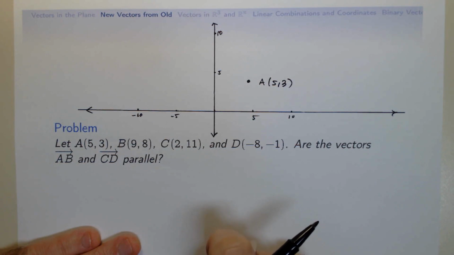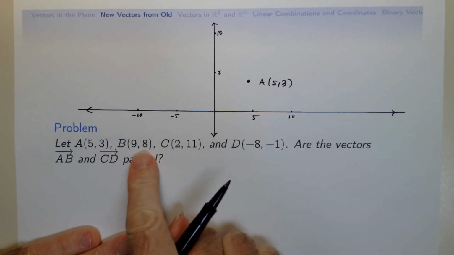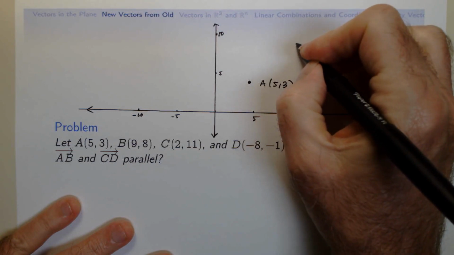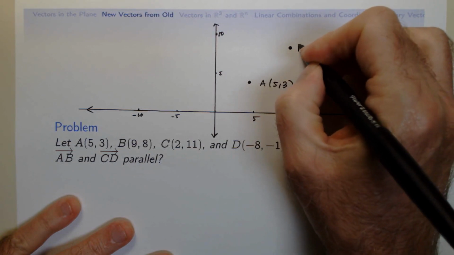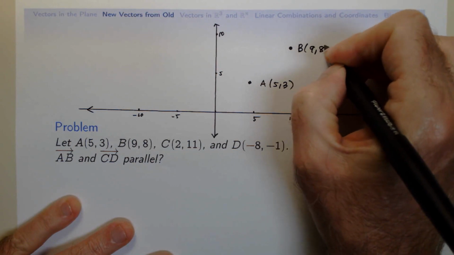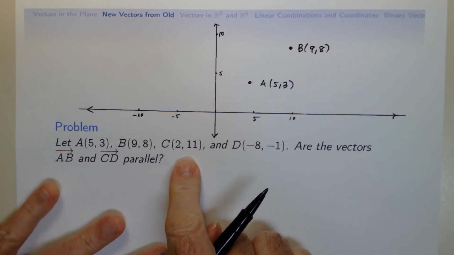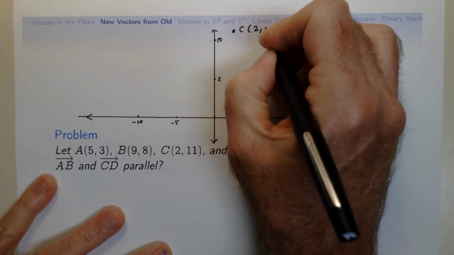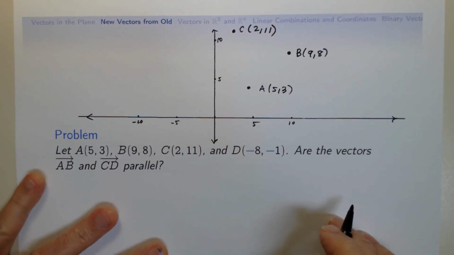B is situated at 9, 8. We're going to put C at 2, 11. This is close enough for what we're trying to get out of this.